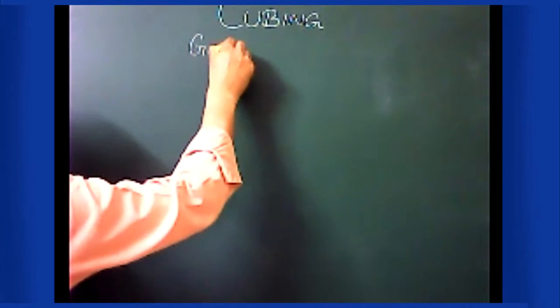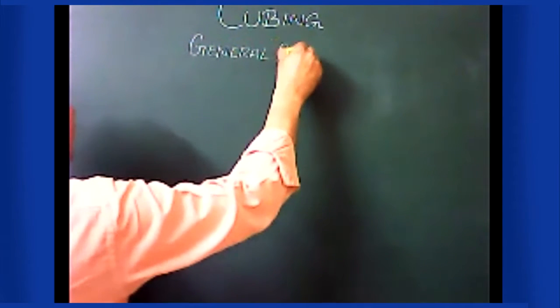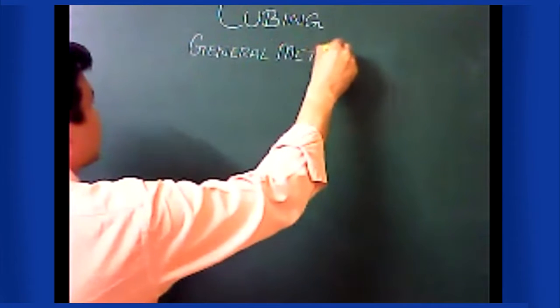Our today's class is cubing, and this is the general method, not the base method, but the general method. Now we already know what cube means: multiplying a number by itself 2 times.